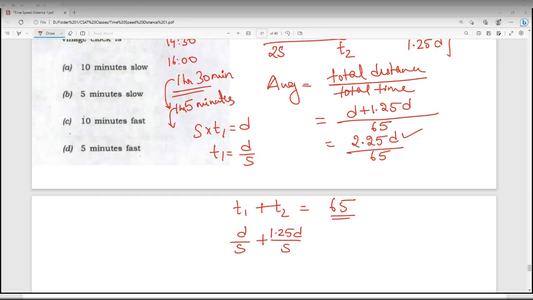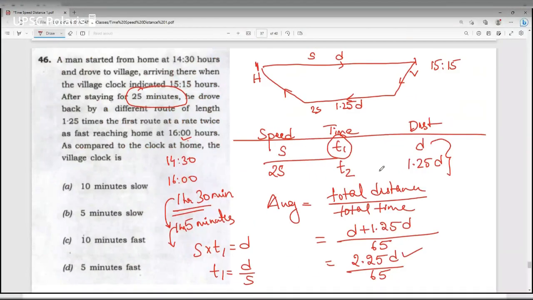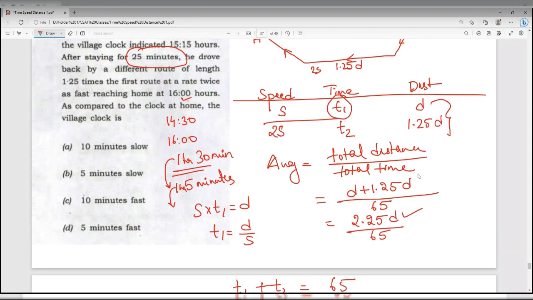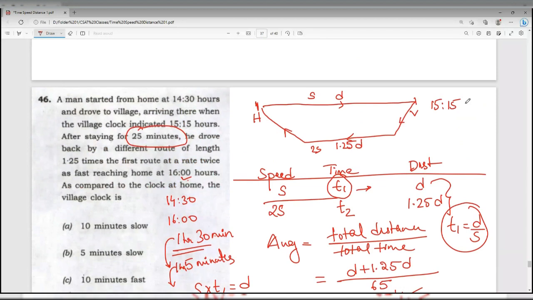So what we need to find out is the time taken. T1 is nothing but D by S. If we calculate this T1, we'll find out how much time he has traveled in the first distance, to travel from home to village.